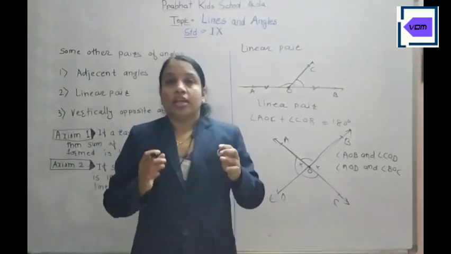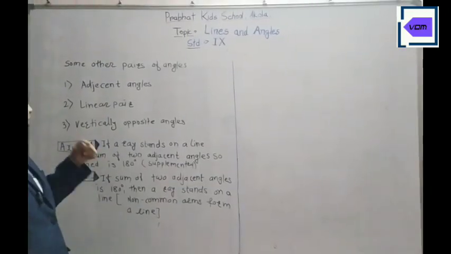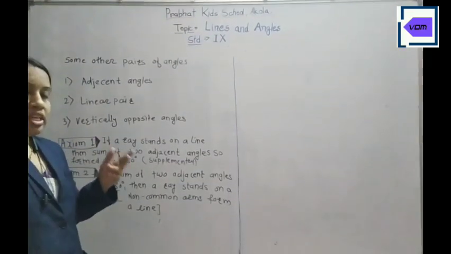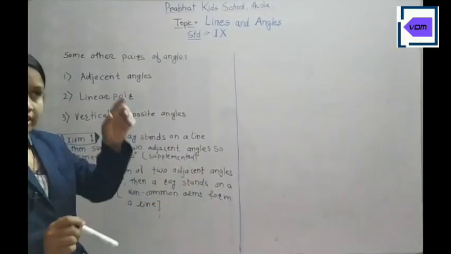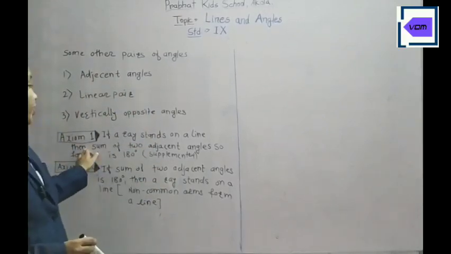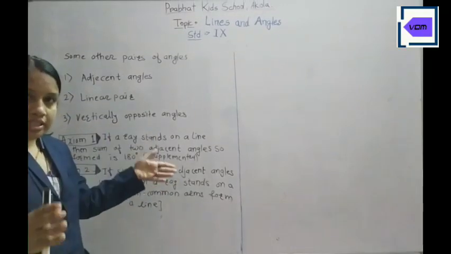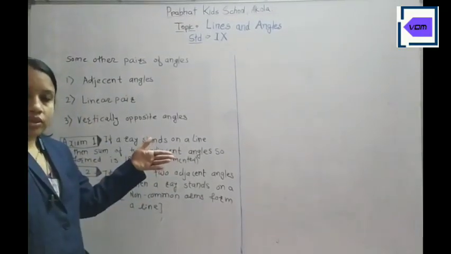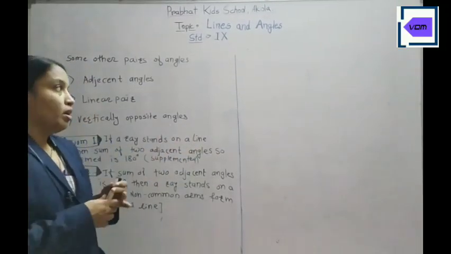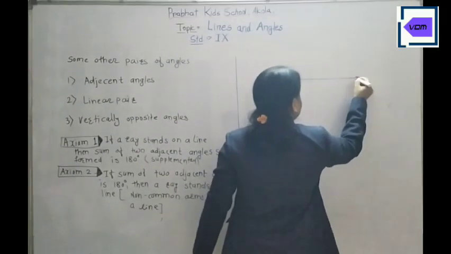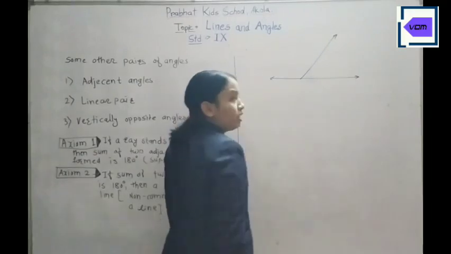Now let us see axiom 1 and axiom 2. Now axiom 1, I am reading it, listen carefully. If a ray stands on a line, it is given to you that a ray stands on a line, meaning a line is given and one ray stands on it.